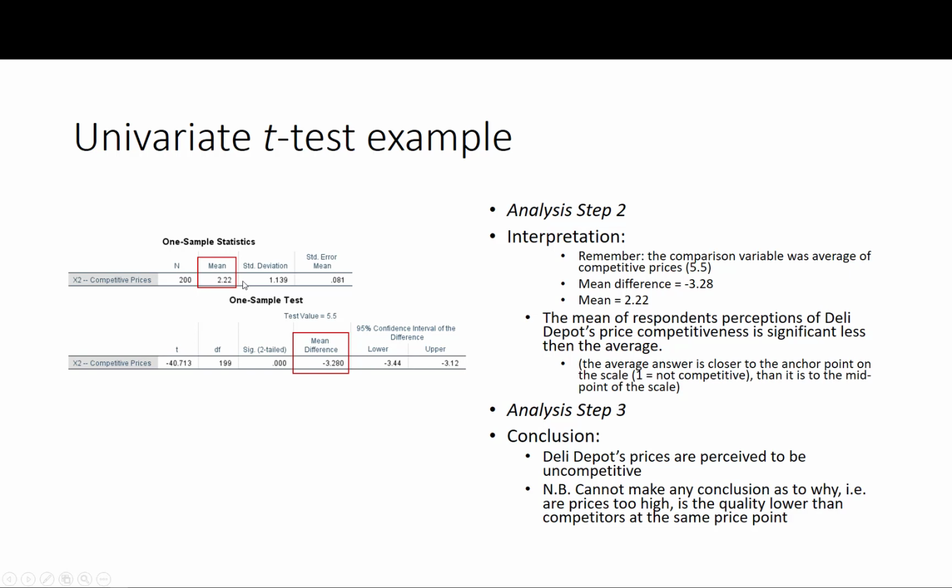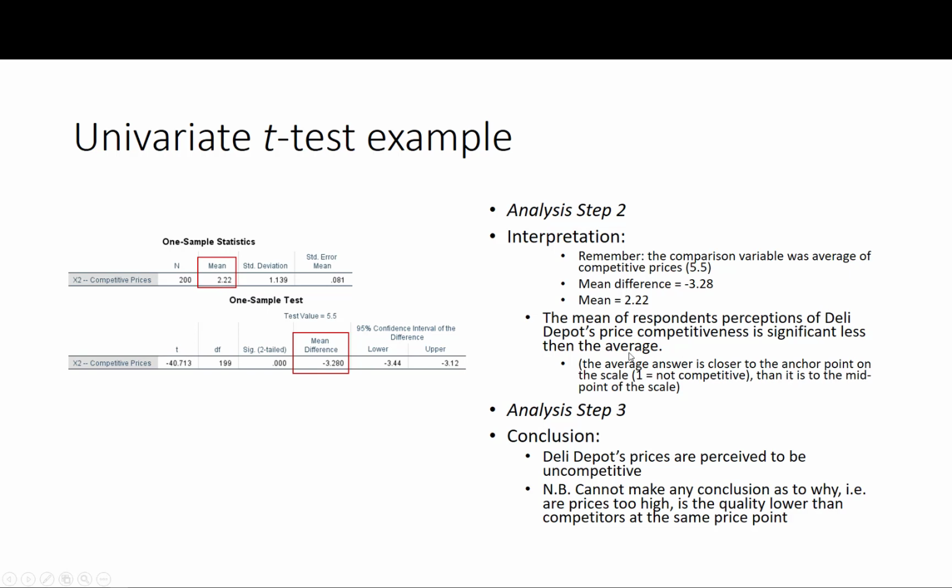These two red boxes show us the numbers that we are looking at. So the mean difference here is showing us how far, in this case it's negative. It's negative 3.28 below the comparison value of 5.5, and the actual mean is 2.22.